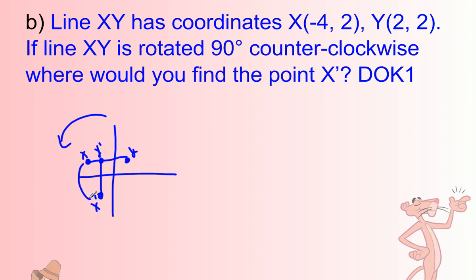If this point rotated that way, here it was 2 units above the x-axis, so it's going to be 2 units this way, which would be an x value of -2, and you went 4 units this way, so it's x of -4, the original image. So I'm thinking it can be -4 this way.